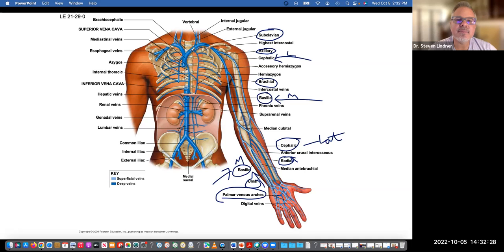So that left brachiocephalic vein leads into the superior vena cava. Now remember, on the arterial side, there was no left brachiocephalic artery, but on the venous side, there is a brachiocephalic vein. Keep that in mind.